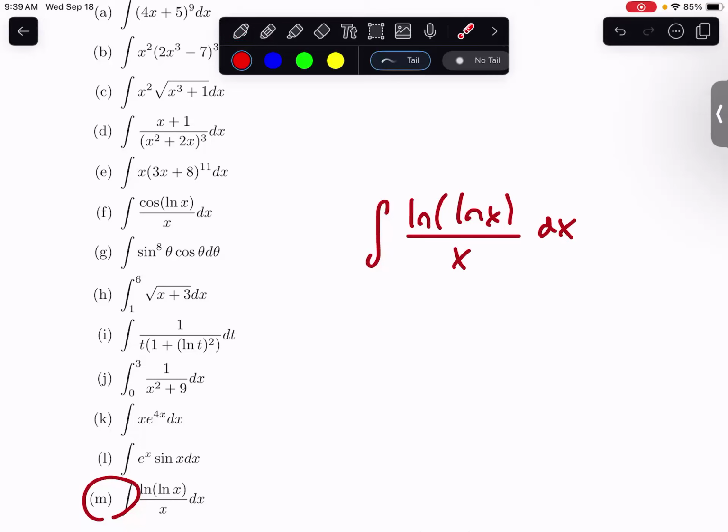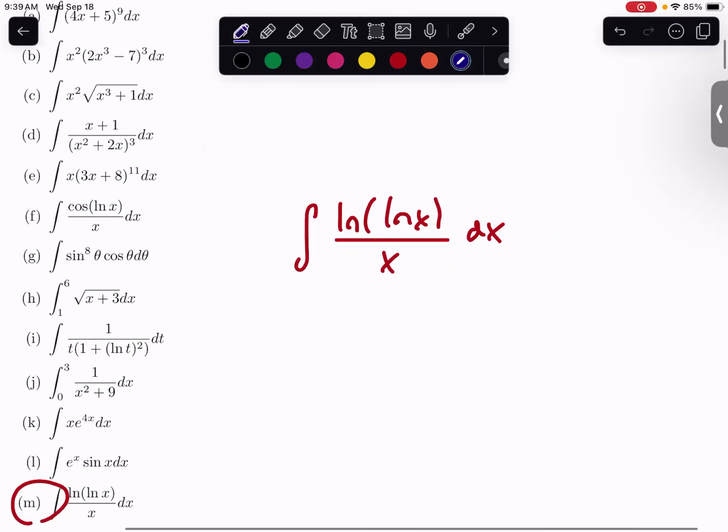If you wanted to straight up use integration by parts, it's hard to tell what your u and your dv are going to be, especially because we have a natural log inside of a natural log. If you took the derivative of this, it would be a mess. So we're going to begin with a u substitution.